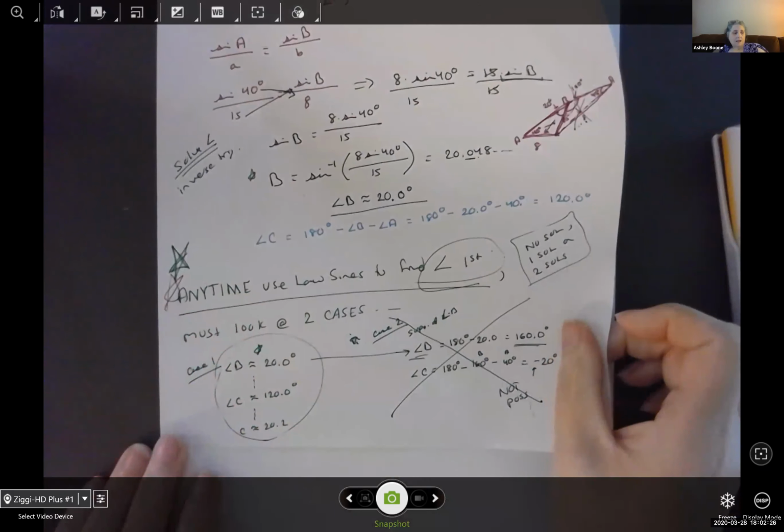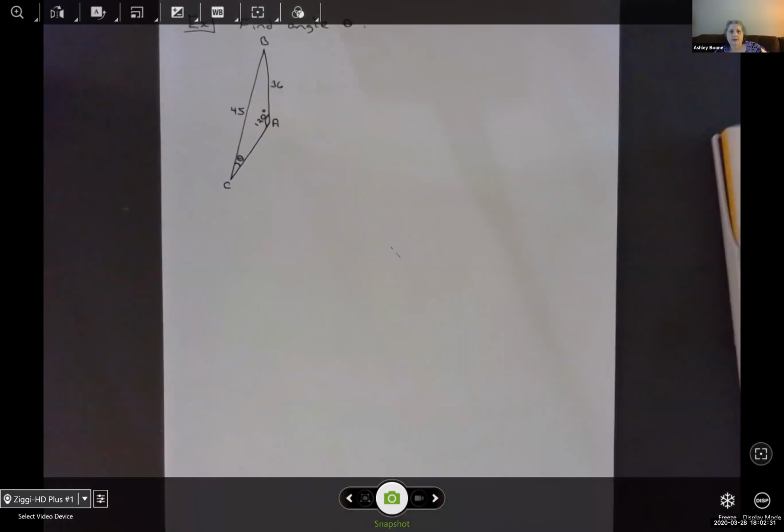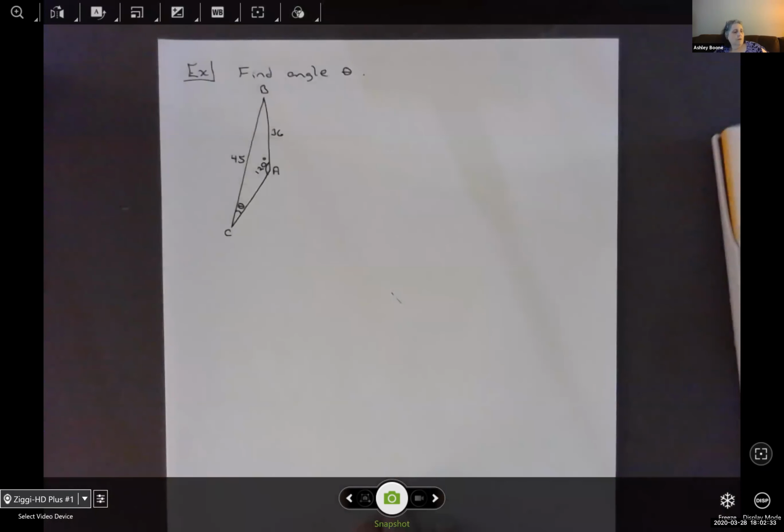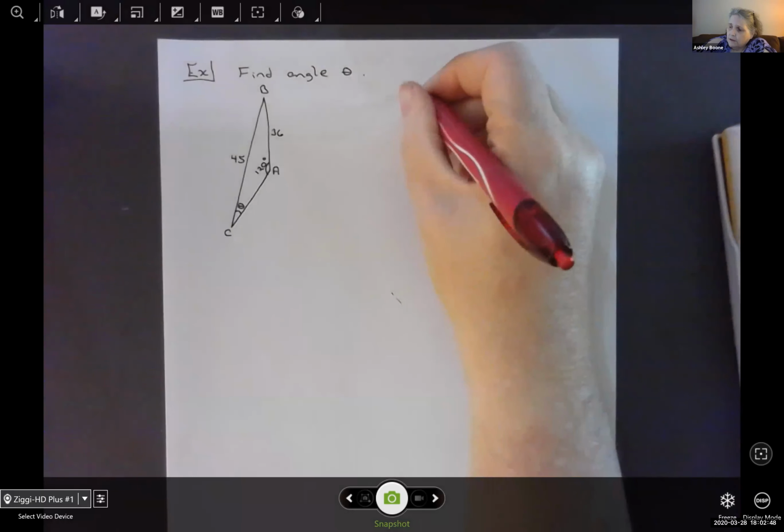Okay? Let's go ahead and look at another example here. All right, let's look at this guy. We want to find angle theta. Now, angle theta, again, we're trying to find an angle. Let's look at the information we're given. If we think about a few things here, do we have a right triangle? Nope.